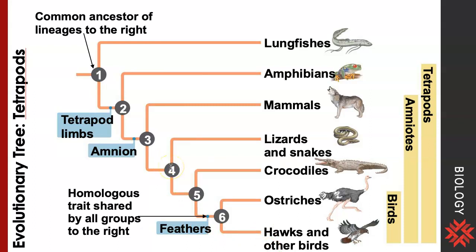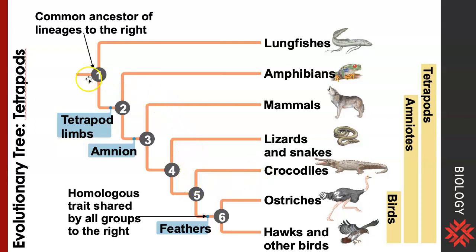So because lizards and crocodiles share a more recent common ancestor than lizards and mammals, it means that lizards and crocodiles are more closely related to one another than mammals and lizards are. So you're always looking for that more recent common ancestor. You can think of it as, if they have a common ancestor that's closer to now, then that means that they've had less time to accumulate these differences.